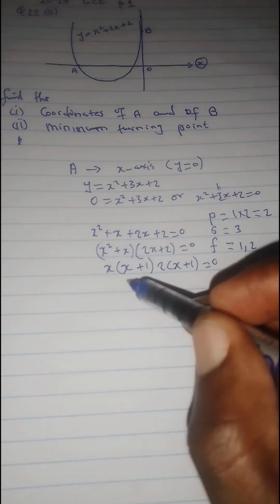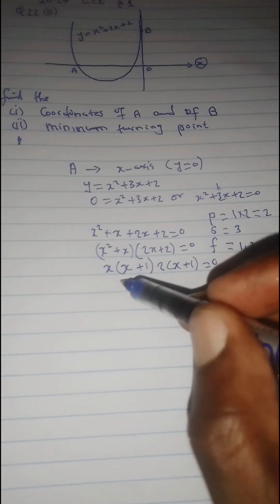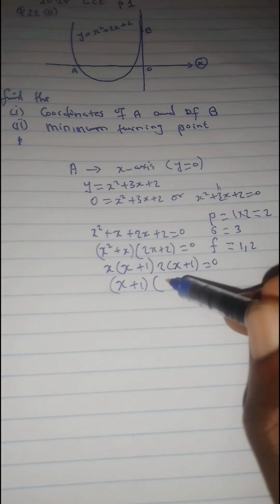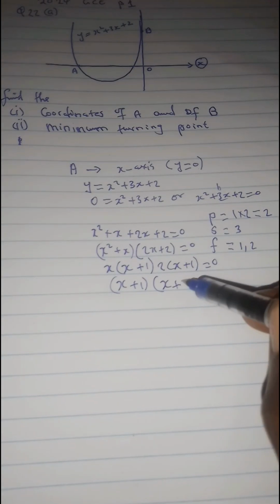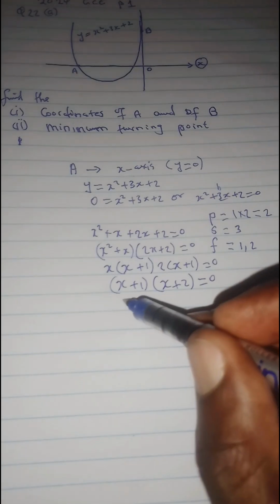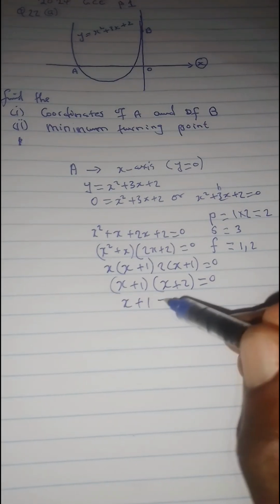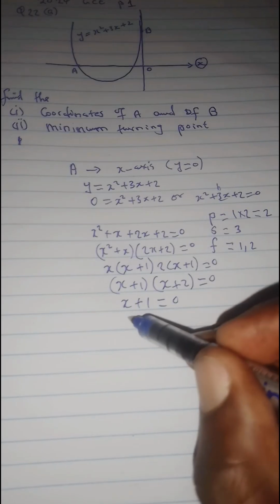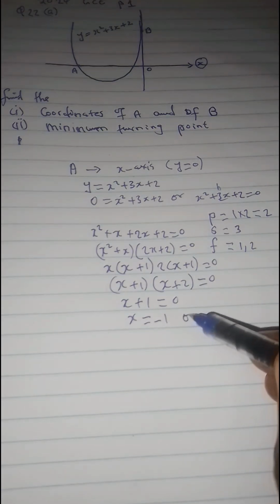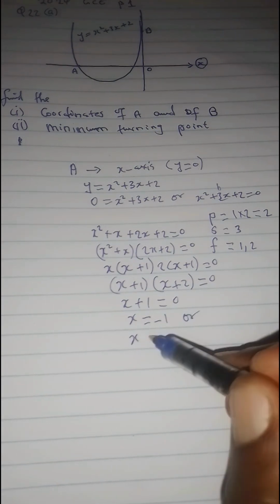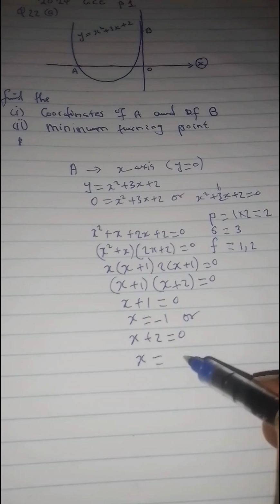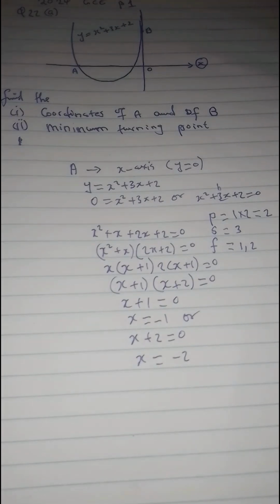Since what is in the brackets is the same, we pick it once. What is outside the brackets is x plus 2, so x plus 1 times x plus 2 equals 0. Then x plus 1 equals 0 gives x equals negative 1, or x plus 2 equals 0, and when 2 goes to the right hand side it becomes negative 2.